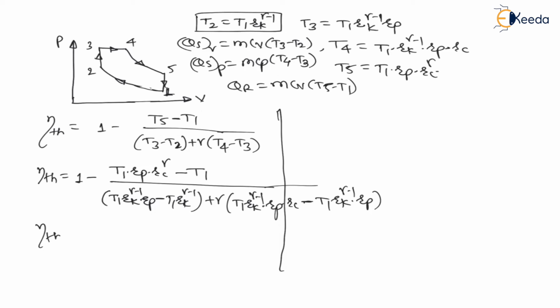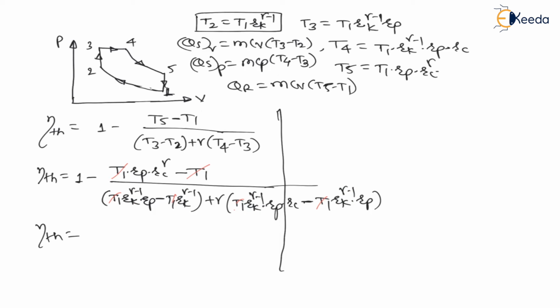So my dear students, from numerator as well as denominator, if I take T1 common, in each and every term there is a T1, then T1 will get cancelled from numerator as well as denominator. And from the denominator, if I take Rk raised to gamma minus 1 common, see, in every term there is an Rk raised to gamma minus 1.